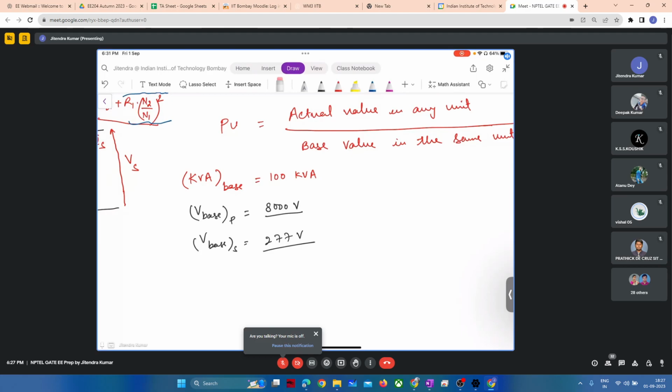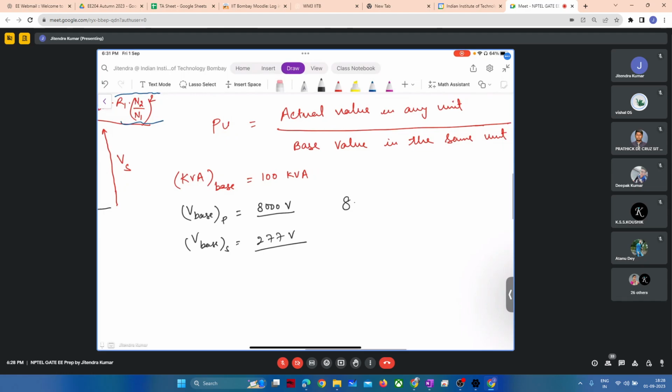But let's suppose that on the primary side, 8,000 volt is given as a rated voltage. But you can say that I don't want to take 8,000 volt as my base value. I want to take, let's suppose, 80 volt as a base value on the primary side.